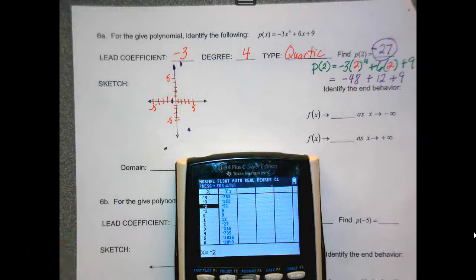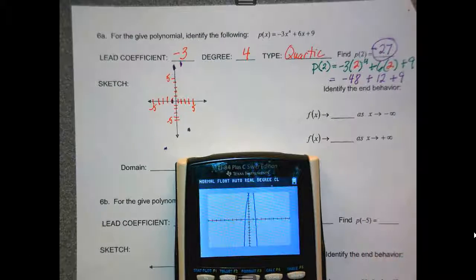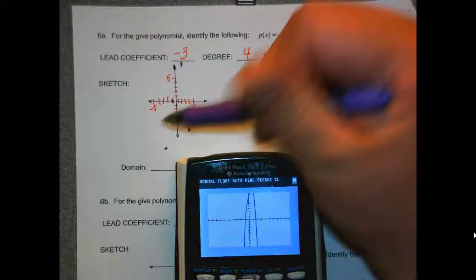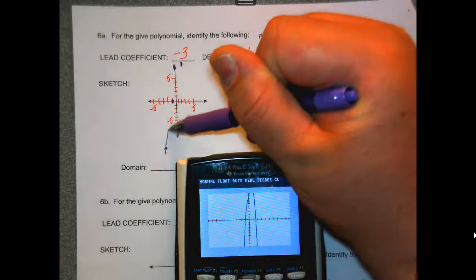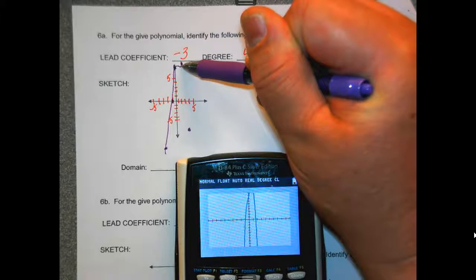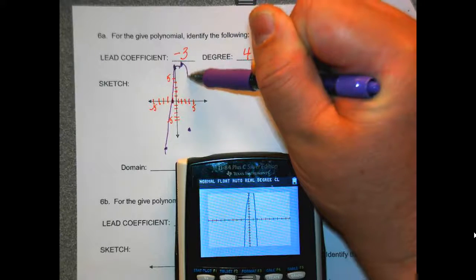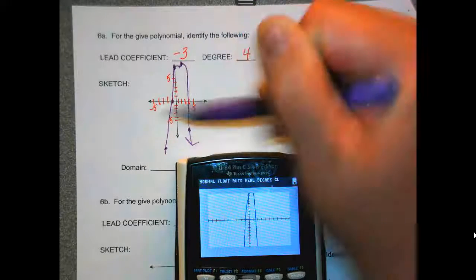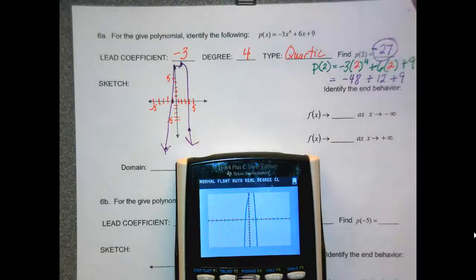Now, this is just a sketch, okay? So it's going to go up to this one, do a little bump here, go up to this one, and then come back down. Something like that. Pretty darn close.